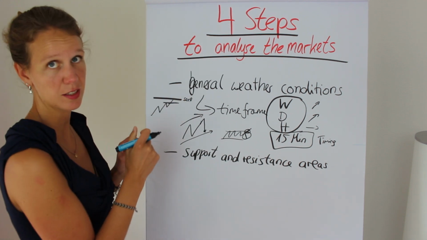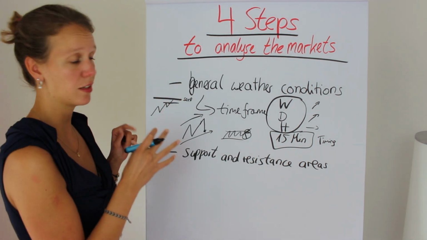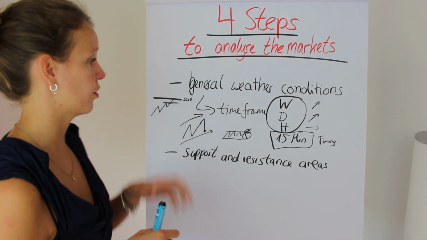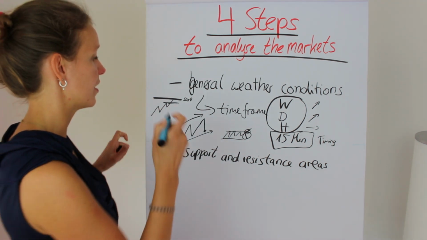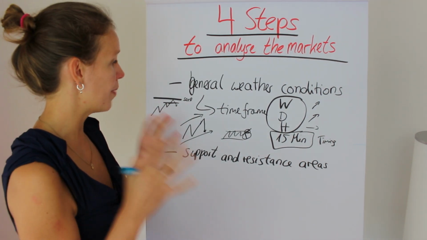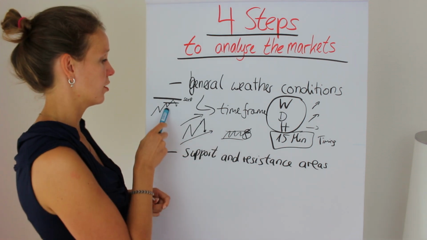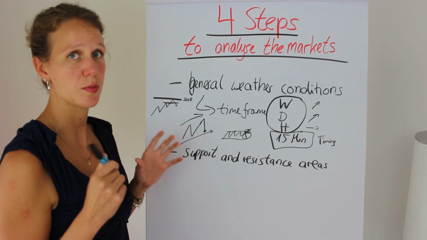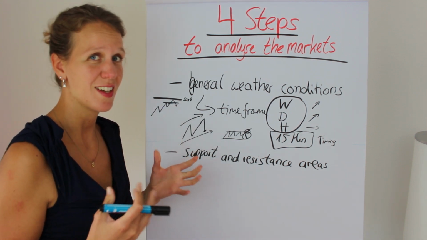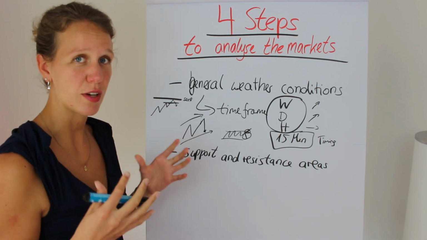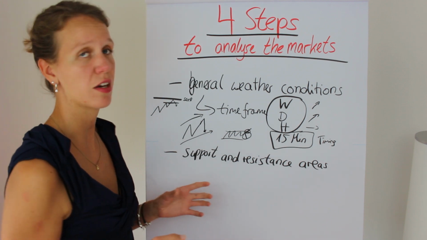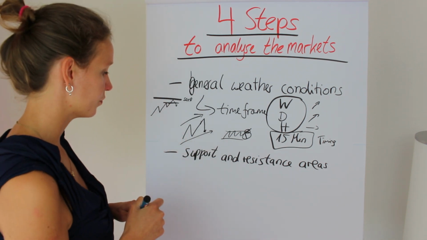But I would never recommend you to enter the market long if it's shortly before a really strong support and resistance level, because it's a high potential turning point, and what we want to do in trading is to catch the best opportunity for a trade. Entering just before a strong support and resistance level is not the best opportunity for our trade to go well. So this is the reason why support and resistance areas are a really important factor.